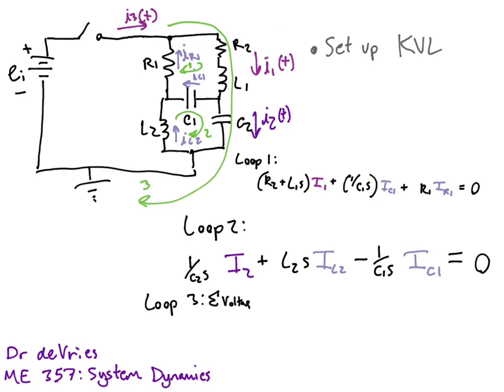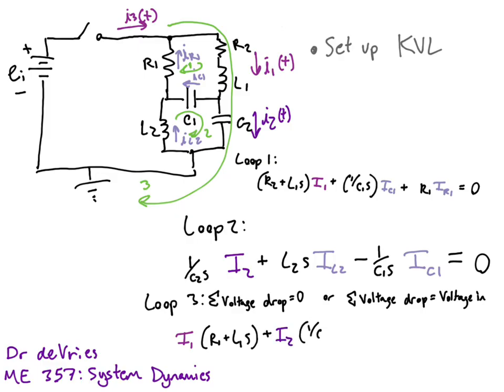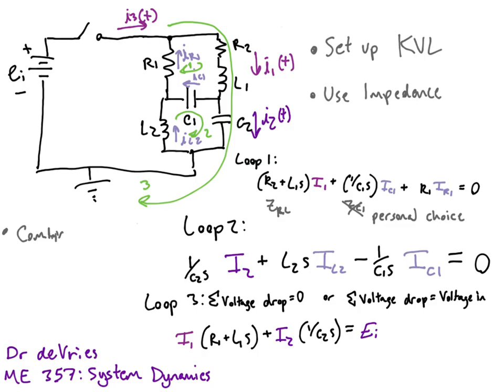If you say the sum of your voltage drops equals 0, you could also treat a voltage input as negative, or you could just say the sum of your voltage drops is equal to the voltage that's added to the system. Whichever way makes most sense for you is the way you should set it up. I'm going to say that our voltage drop is equal to the voltage that's supplied because that gives the same end. And here we're getting ahead of ourselves a little bit.